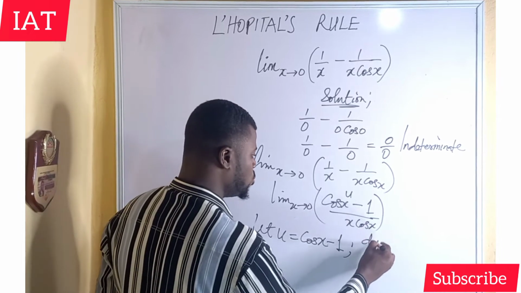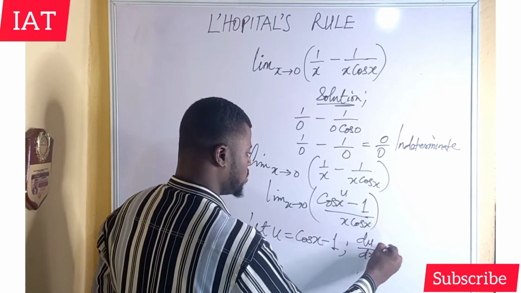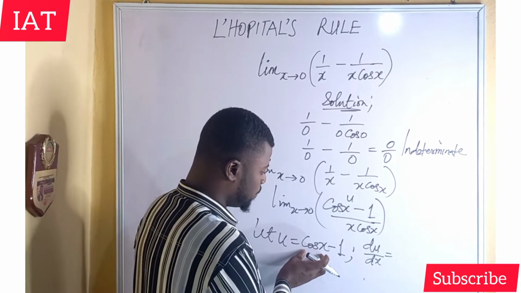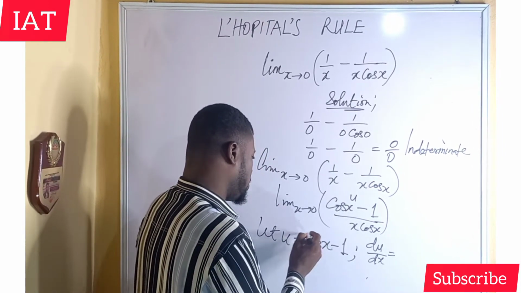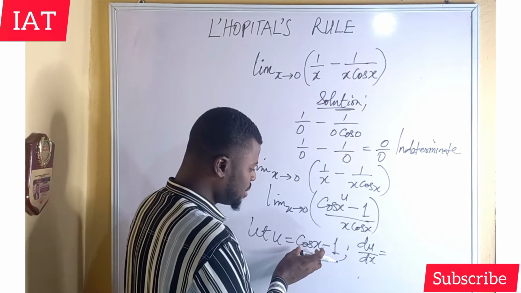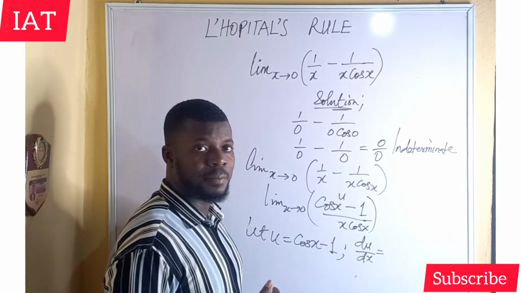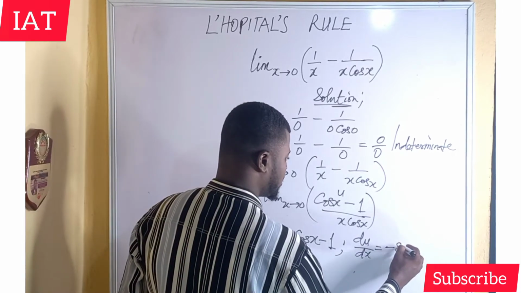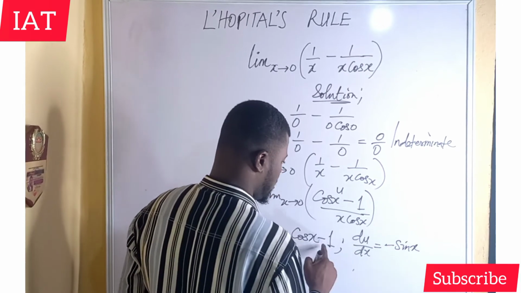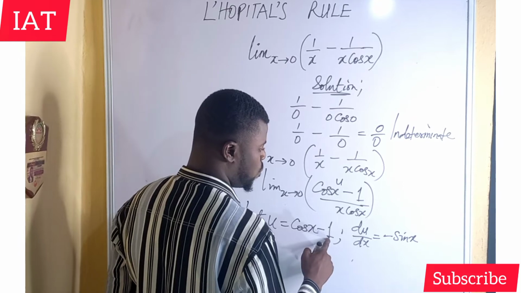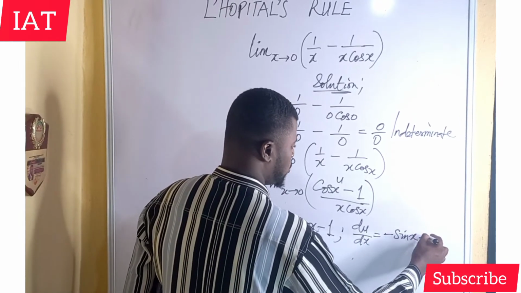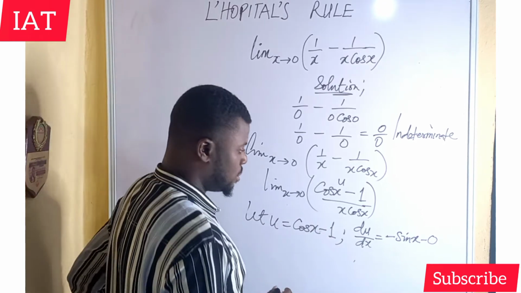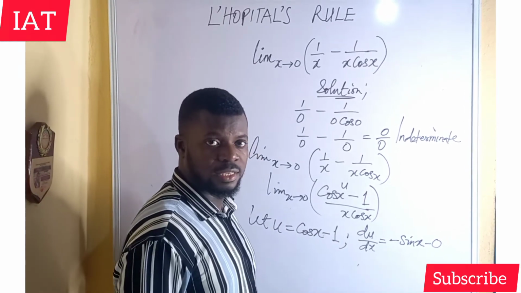So du over dx will be equal to, what is the differentiation of cos? This is a trig function. The differentiation of cos x is minus sine x, minus the differentiation of 1, which is 0. Of course, 1 is a constant, so the differentiation of any constant is 0.